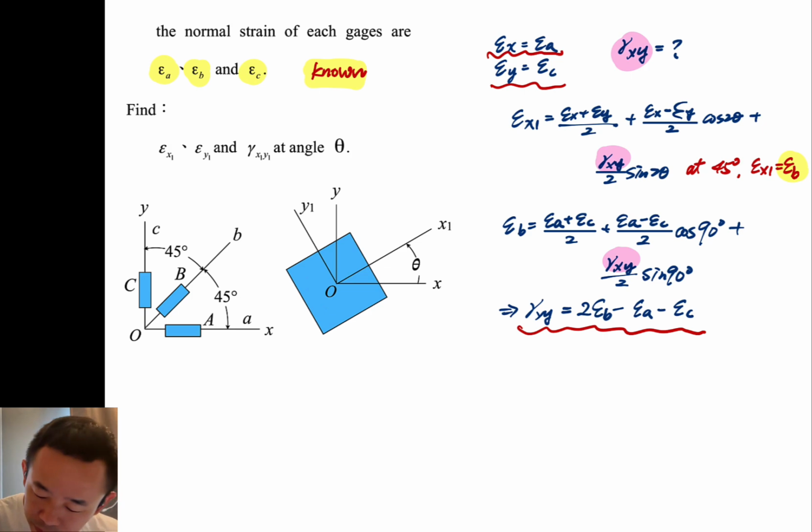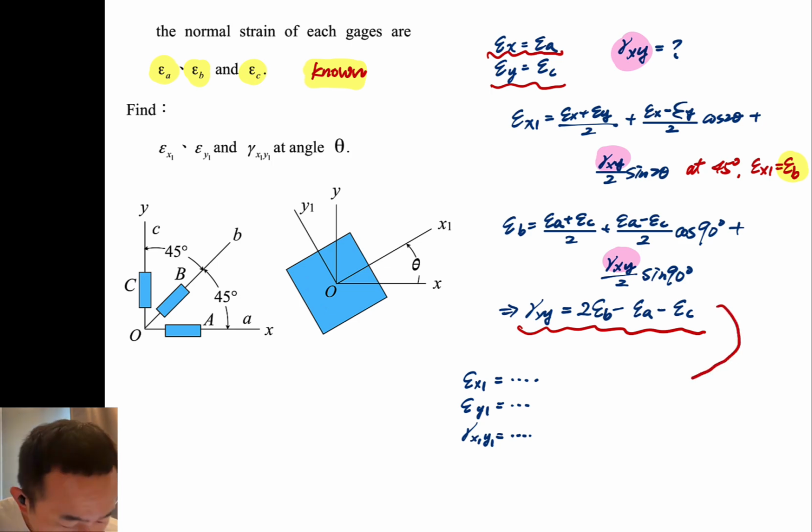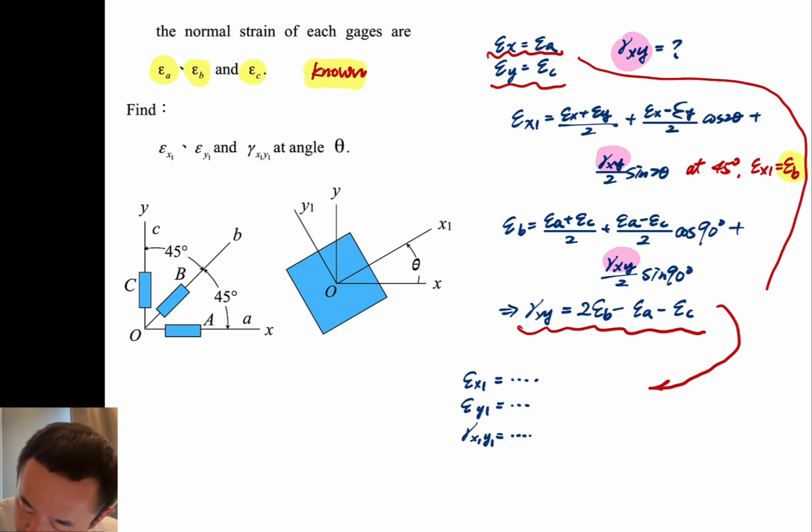Okay, so epsilon x1 equal to blah blah blah blah. You know how to do that, right? Epsilon y1 equal to blah blah blah blah, and of course gamma x1y1. So you see, all you need to do is substitute all these.